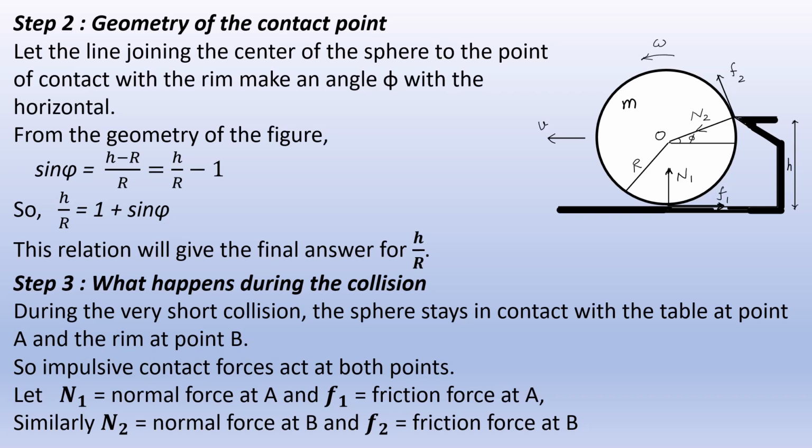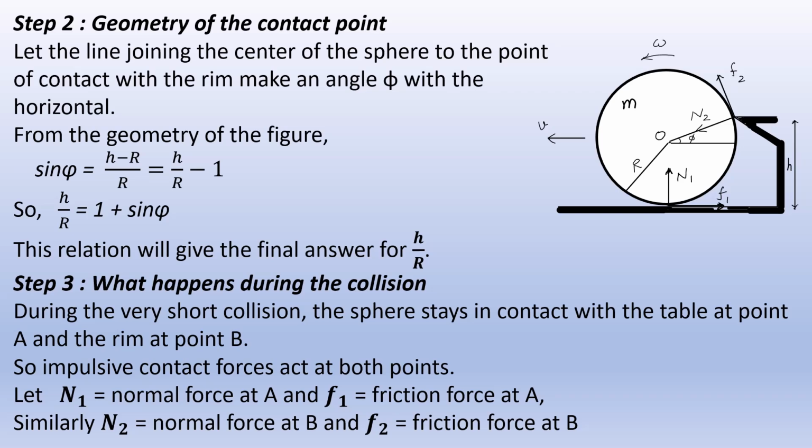Therefore, sine phi is equal to h minus r upon r, or equivalently we can write sine phi is equal to h by r minus 1. And now rearranging this expression, we get h by r is equal to 1 plus sine phi. This relation is extremely useful because finally we have to find the minimum value of h by r. So instead of directly working with h, now our problem will reduce to finding the appropriate value of sine phi.